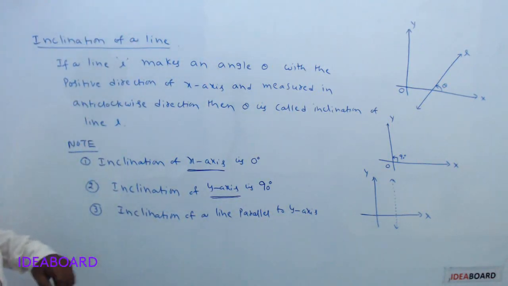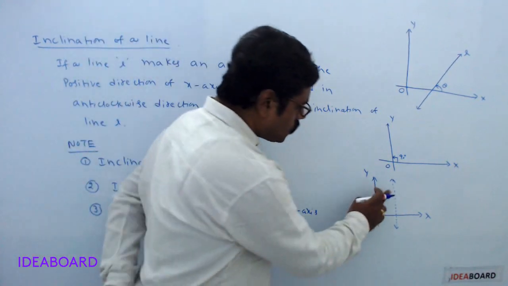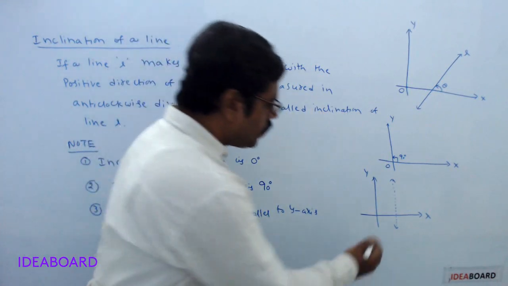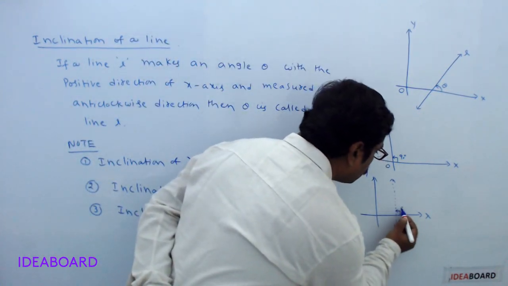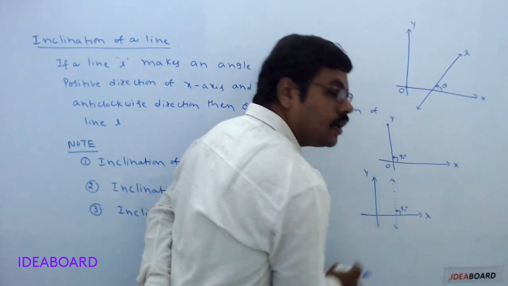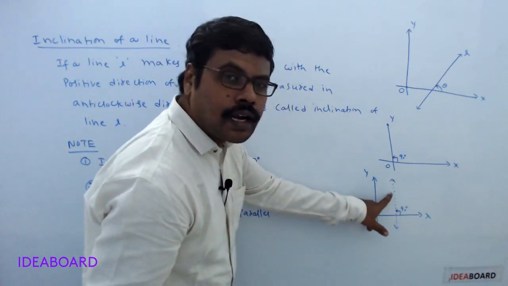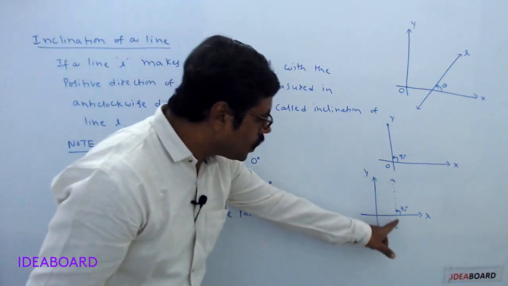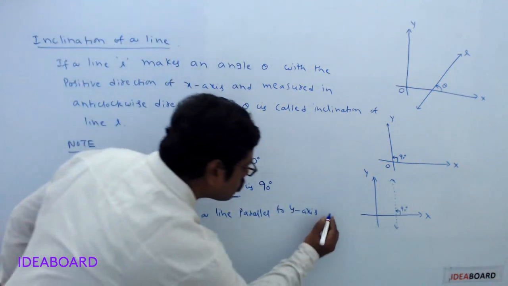Now here what is our requirement? Inclination of a line parallel to y-axis. So for this line, inclination will be required. Now this line makes an angle 90 degrees with the positive direction of x-axis and measured in anti-clockwise direction. So, inclination of this dotted line will be 90 degrees. So, inclination of a line parallel to y-axis is also 90 degrees.